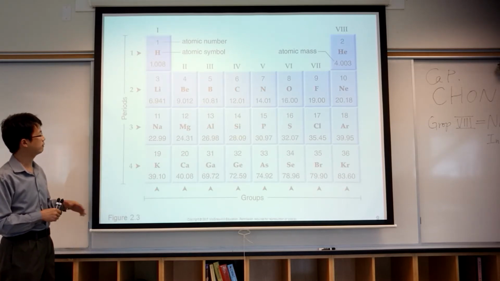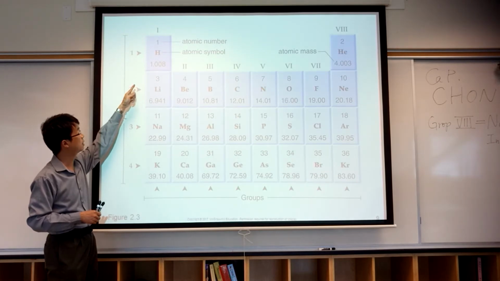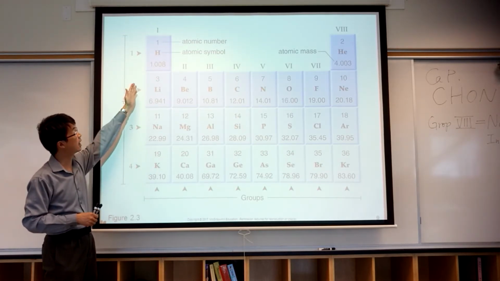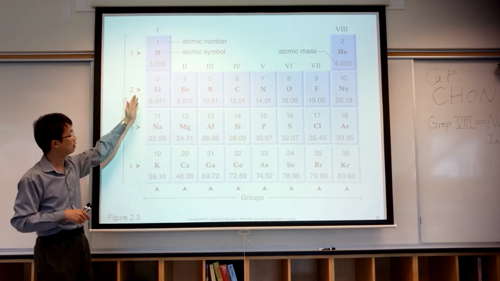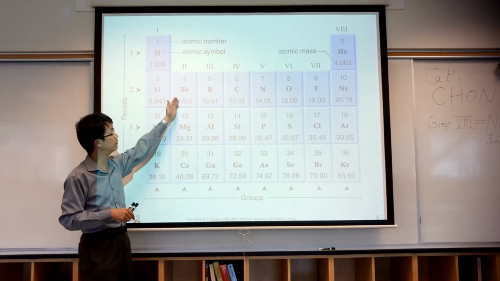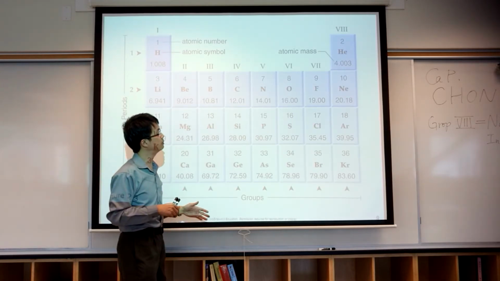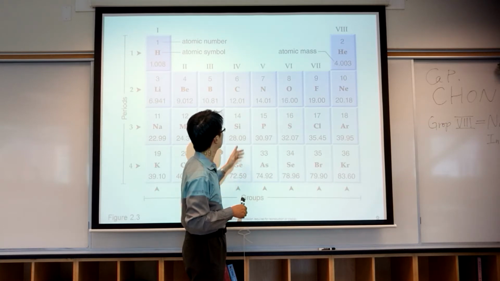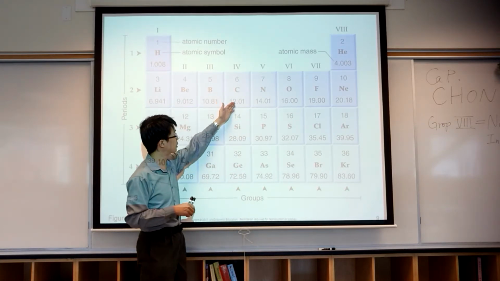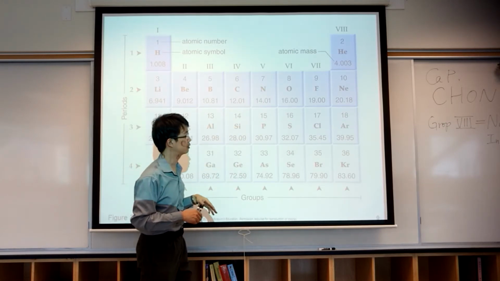If you look at the groups, all group number 1 have 1 electron on the outermost shell. All group number 2 have 2 electrons on the outermost shell. Similarly, group number 6 has 6, and group number 4 has 4 electrons on the outermost shell, and so on and so forth.